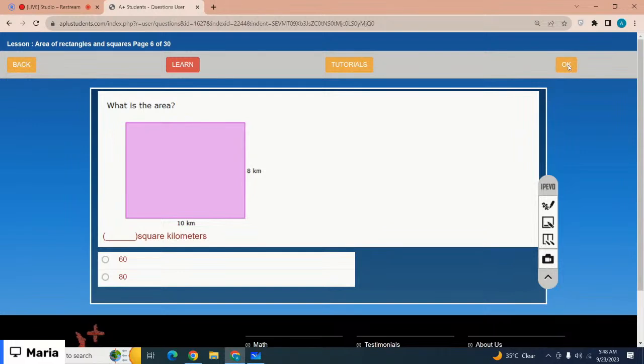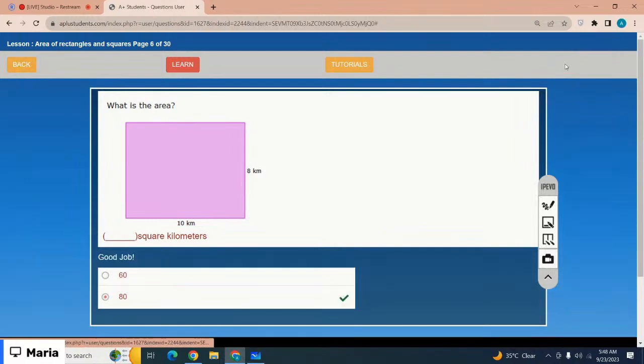Yes, that is 80. 10 times 8 is 80, so that would be 80.